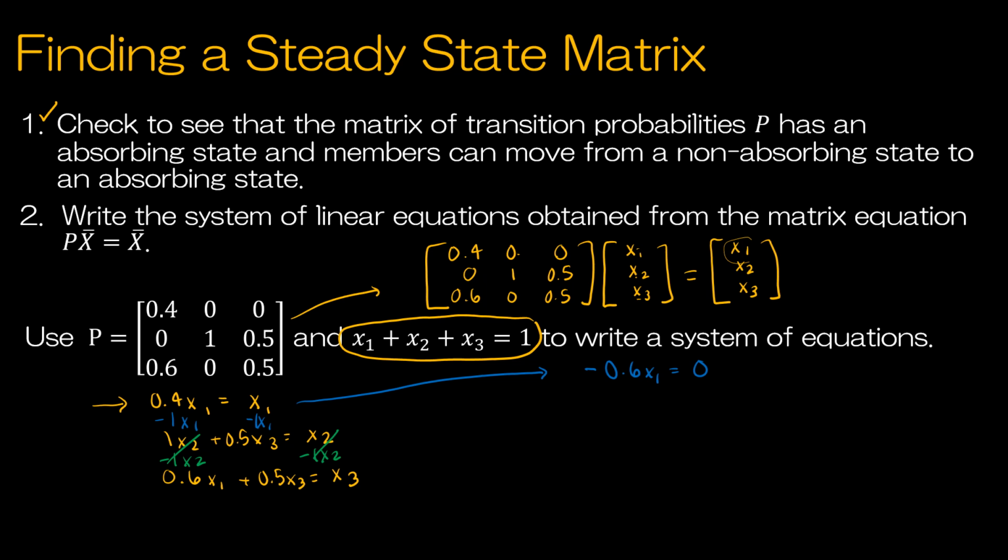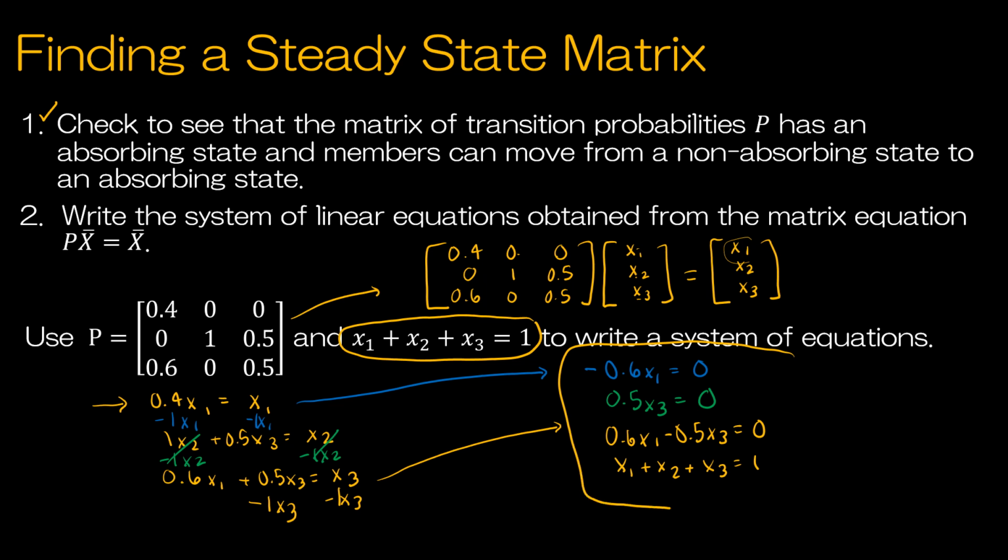So I end up with 0.5x3 is equal to 0. Same thing for my third equation. I'm going to subtract x3 from each side, and that gives me 0.6x1 and then minus 0.5x3 is equal to 0. And then I've got x1 plus x2 plus x3 is equal to 1.